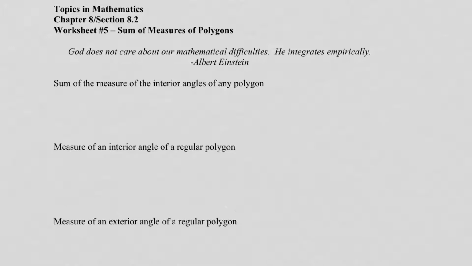So the sum of the measure of the interior angles, so all the angles on the inside of any polygon, is going to be equal to the number of sides, depending on how many sides it has.